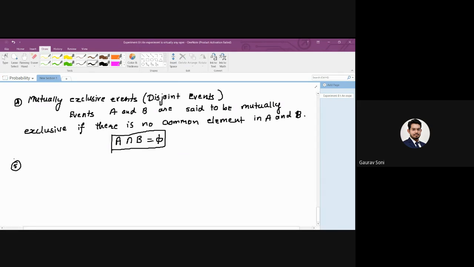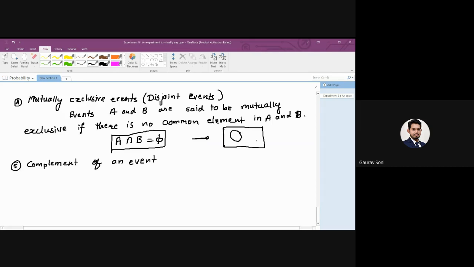Fifth, complement of an event. If I draw the diagram for this one, both the sets will be disjoint.